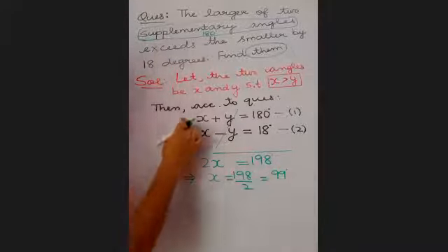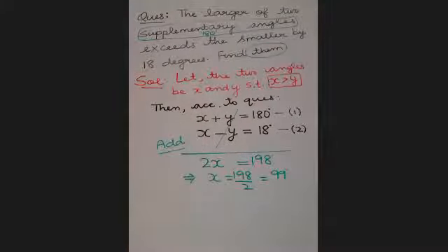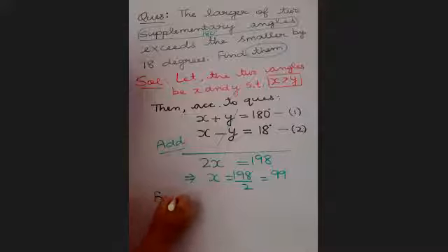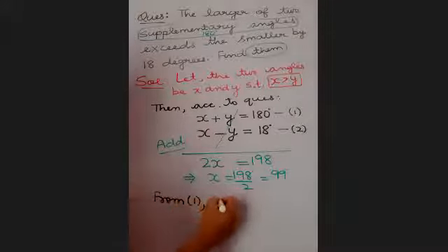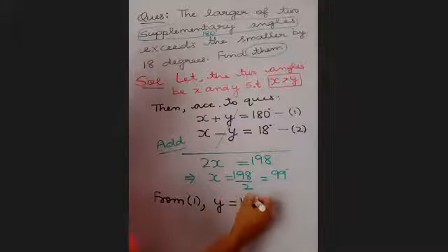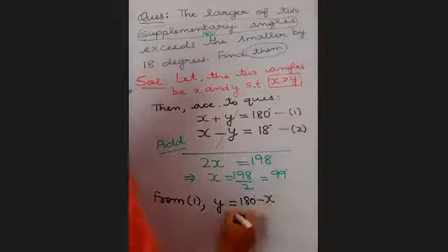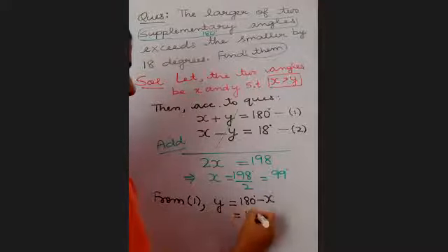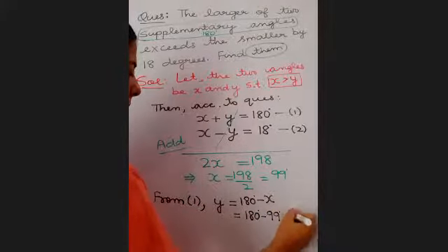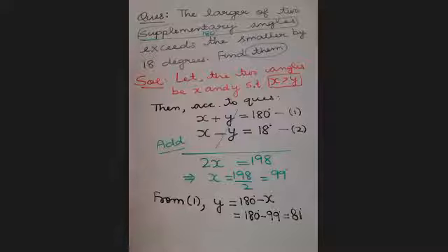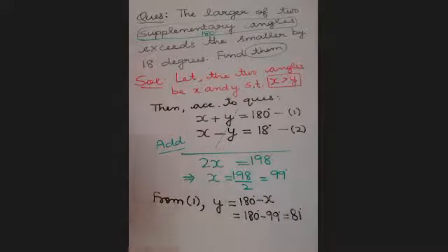Now put the value of x in either equation 1 or 2 to get the value of y. From 1, y is 180 degrees minus x, 180 degrees minus 99. What is that? 81 degrees.